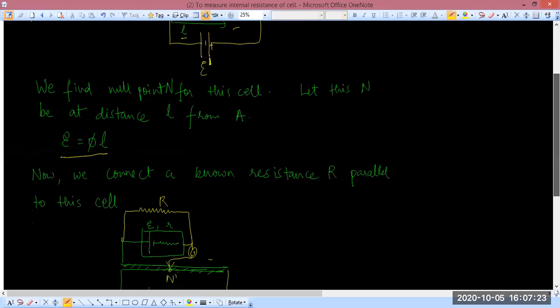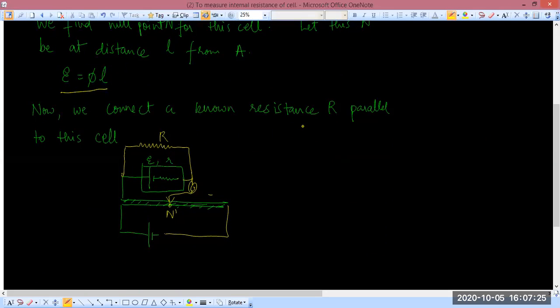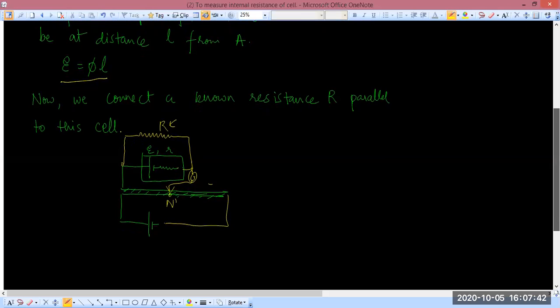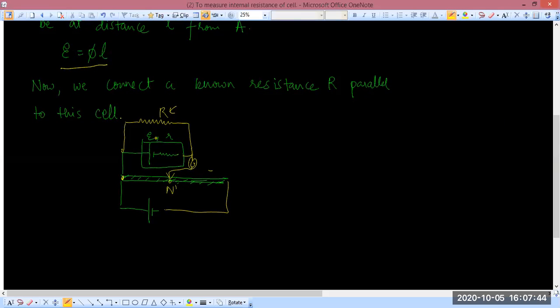Then we connect a known resistance R here, which is parallel to this cell, right? Whose internal resistance we want to find. That's what we are seeing here. So I asked you, and we stopped here, that when we connect a resistor R in parallel like this, what's going to happen?